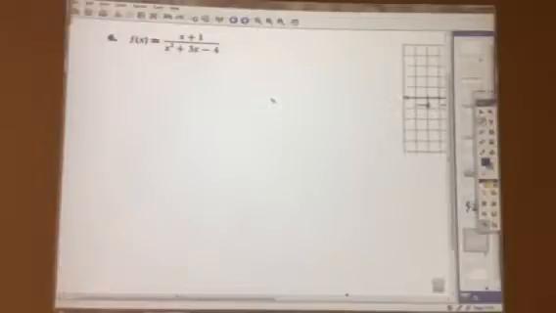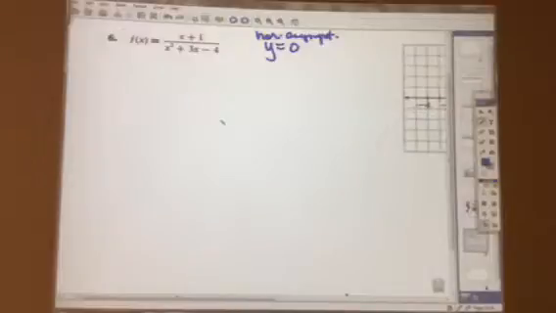All right, what do we know about a horizontal asymptote? This is a 1, and this is a 2. It's equal to 0. There's your horizontal asymptote right there. Y equals 0.